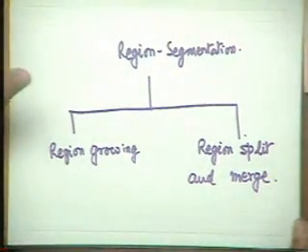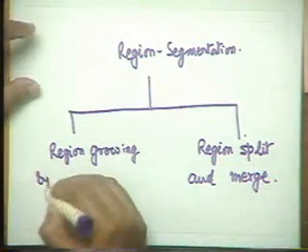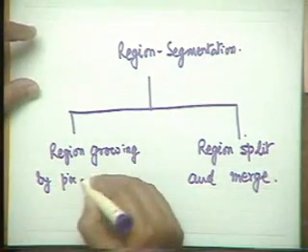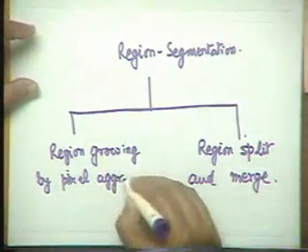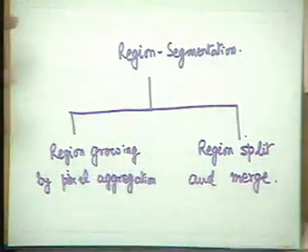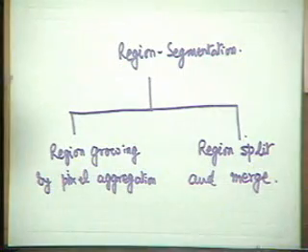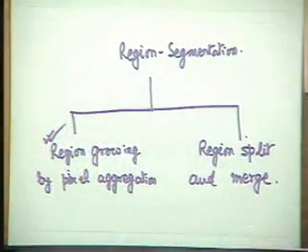The region growing approach is done by pixel aggregation. We will first discuss the region growing approach, and then we will go over to the region split and merge approach.